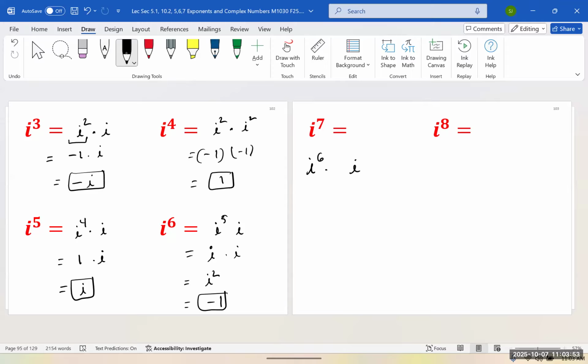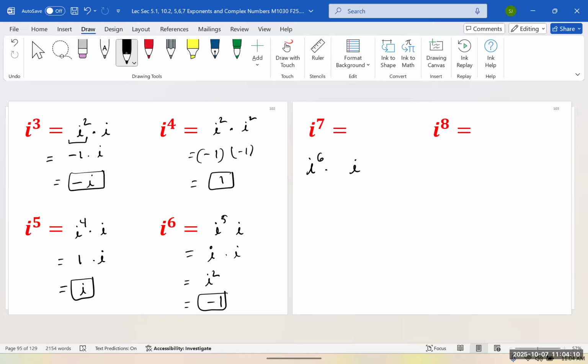But in the exam, will you know? i to the 4th is 1, and then you just take i cubed. What is i cubed? It's -i. You memorize that.